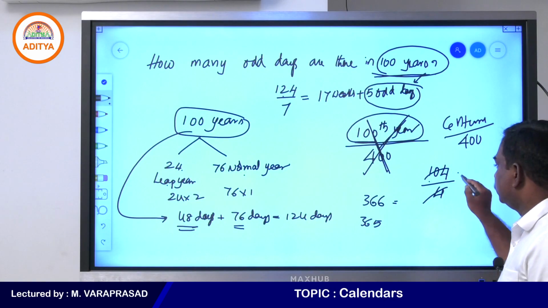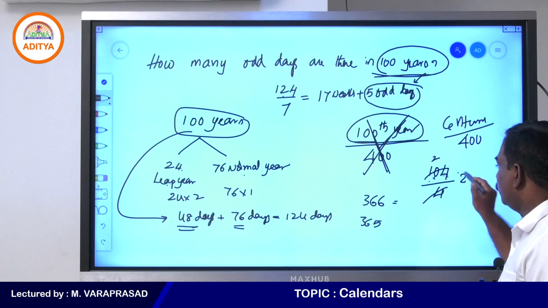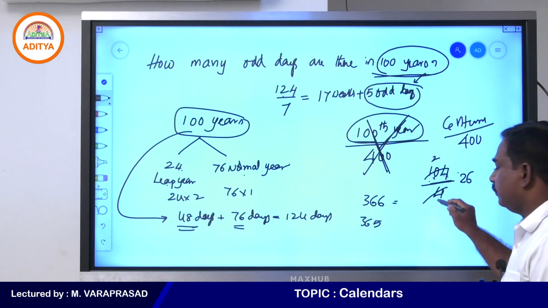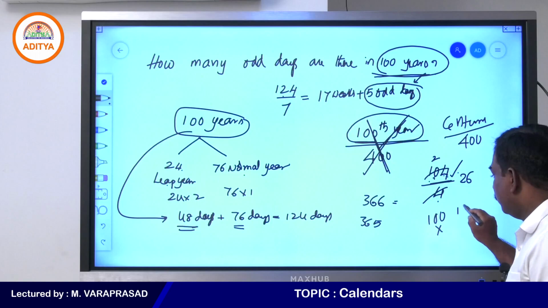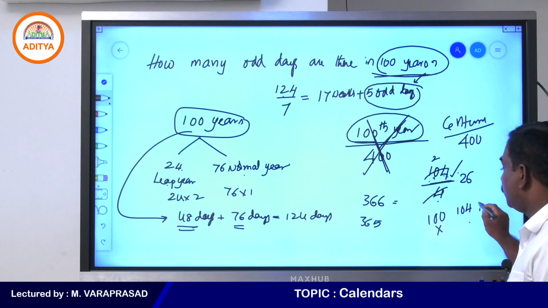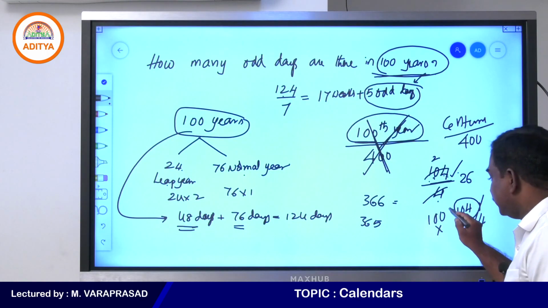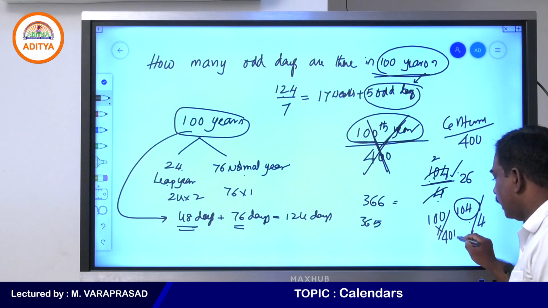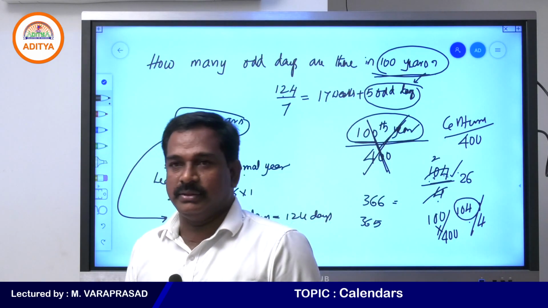It is divisible by 4, so it's a leap year. The 100th year is not a leap year, but 104 is. A lot of difference is there between a century year and a normal year.